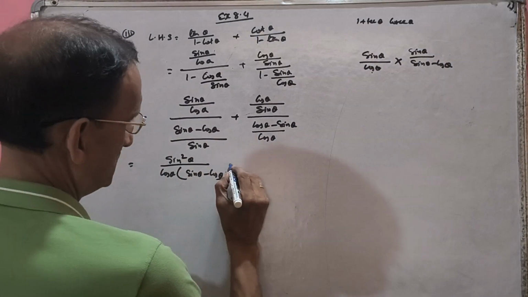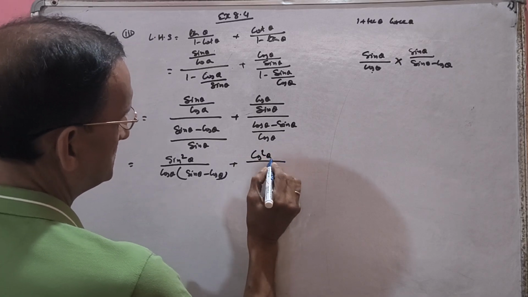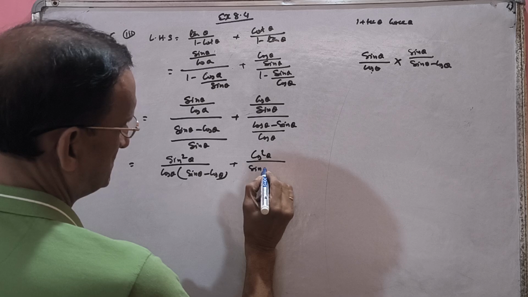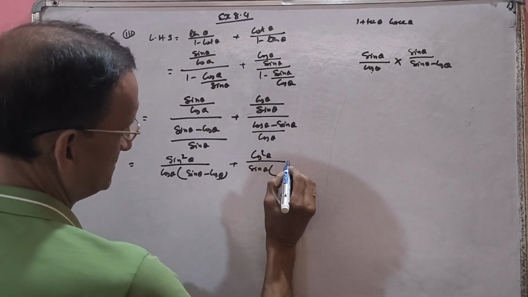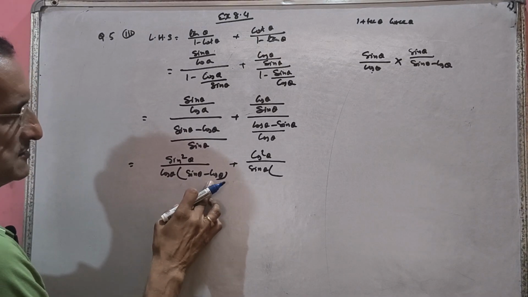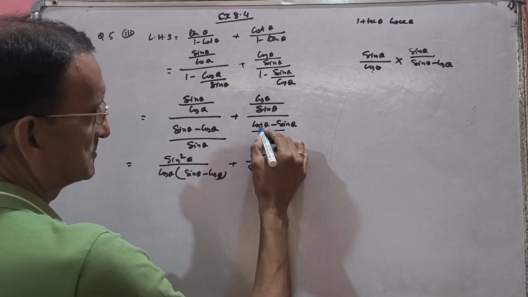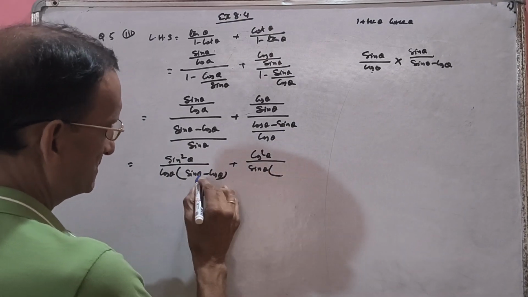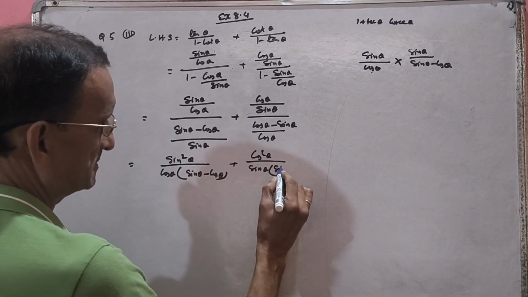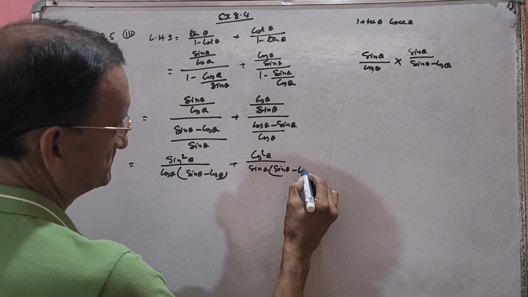Okay? Plus, similarly here, cos square theta by sine theta into cos theta minus sine theta. But see, this is sine theta minus cos theta and this is cos theta minus sine theta. If you write cos theta minus sine theta as sine theta minus cos theta, you need to take minus common.